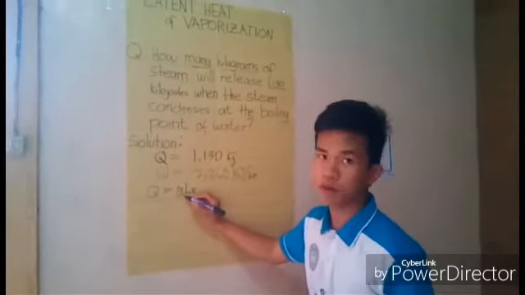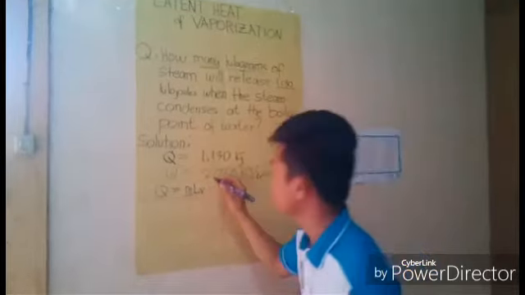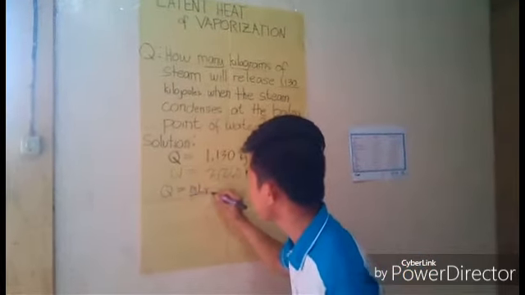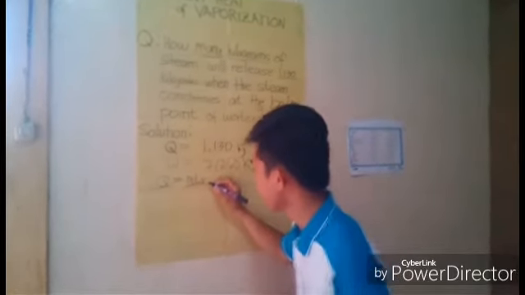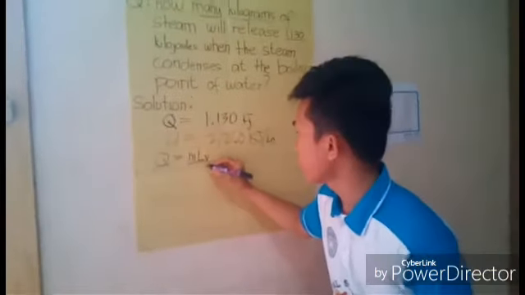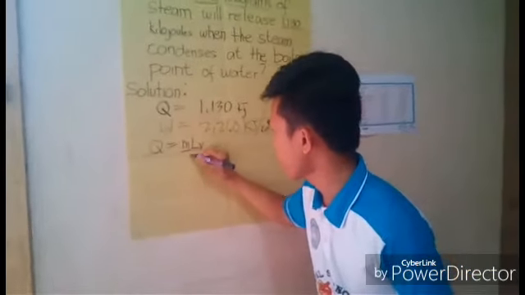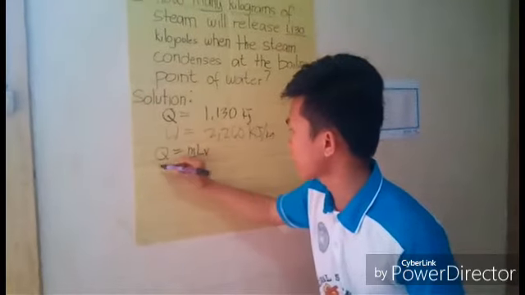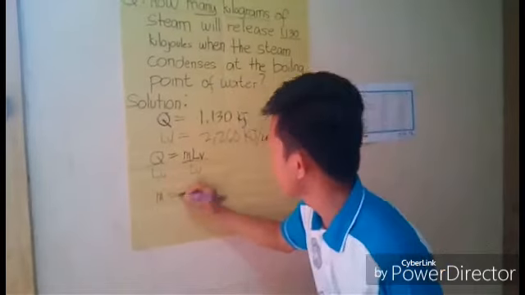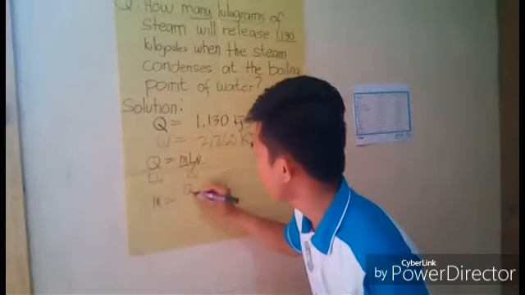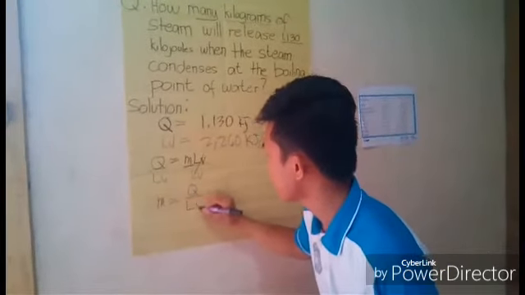Let us derive the formula to get the mass. Let us divide both sides by Lv to get the mass. So mass is equal to Q over the latent heat of vaporization.